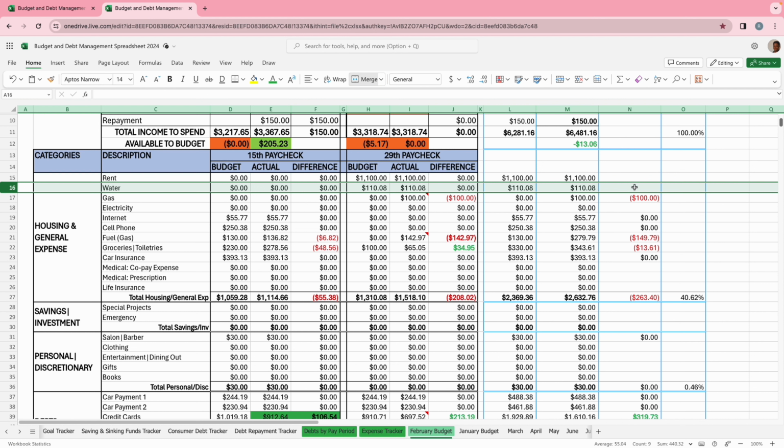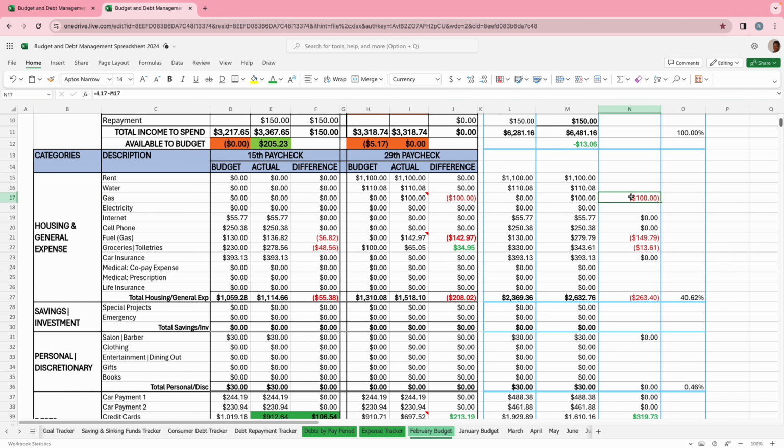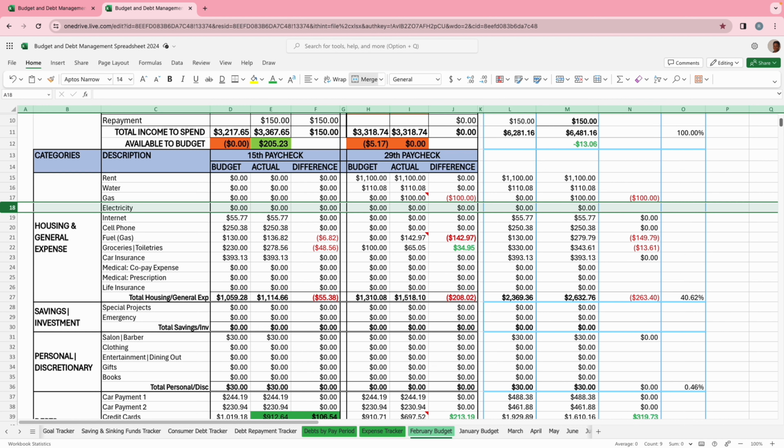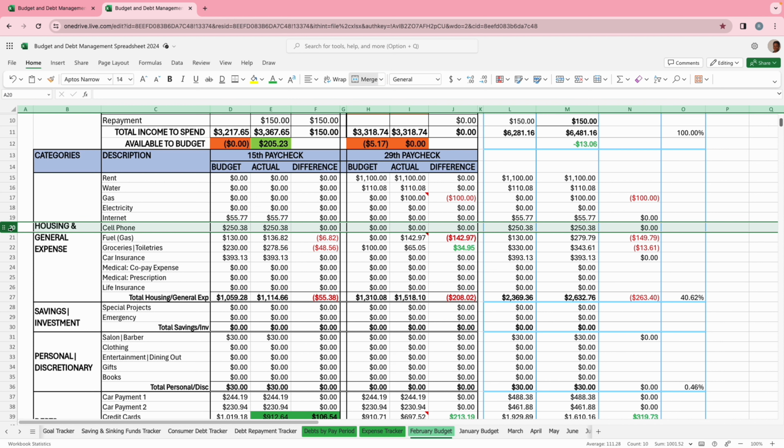Paid in full, so that's 0 difference as well. Gas, I did not budget for gas, but I paid 100, so you'll see a 100 difference right there because nothing was budgeted for gas. Electricity, we are on a payment arrangement for that. Internet was paid in full, so there's no difference. Cell phone is the same.